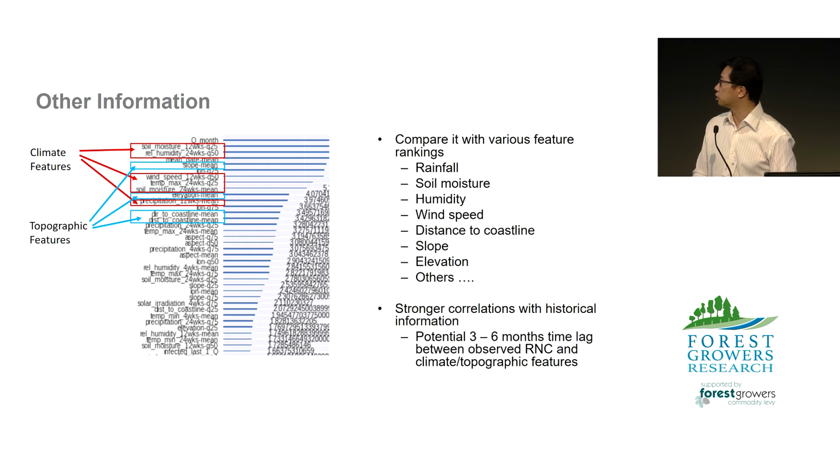So features such as wind speed, distance to coastline, slope, and elevation. We also observe a strong data relationship when correlating historical information back to RNC observations. And this gives us an indication of how we can better model RNC moving forward.